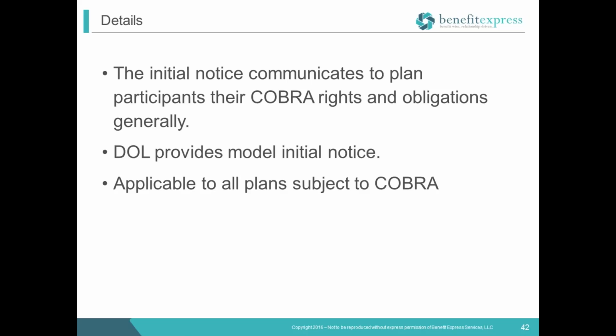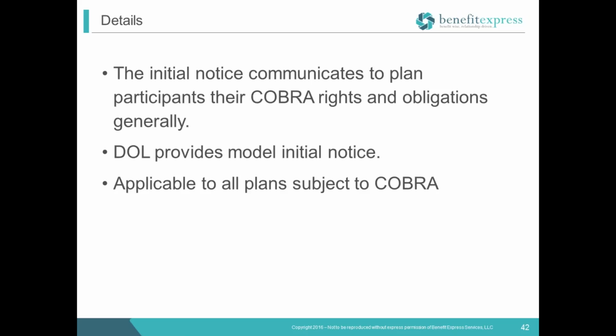It tells them if they have a qualifying event, if they get married, if they get divorced, then they have a responsibility to tell you, and these are the procedures that you have to follow in order to tell us whether you had a qualifying event that affects your eligibility.